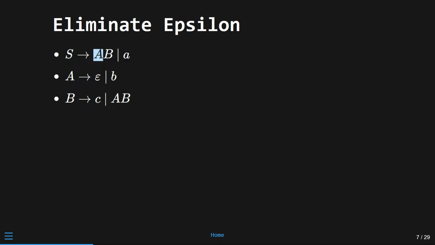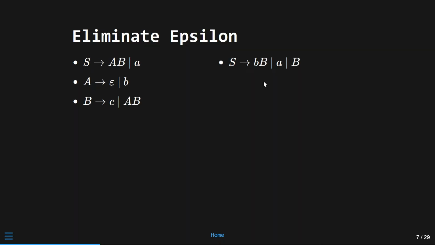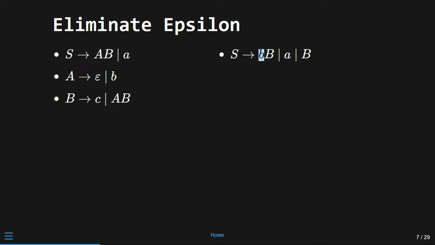Because that big A can become nothing, which means S can become big AB or just big B, because we can have the little epsilon before the big B. So we just do one of the substitutions, little b, and then we also put the notion of epsilon there, right?